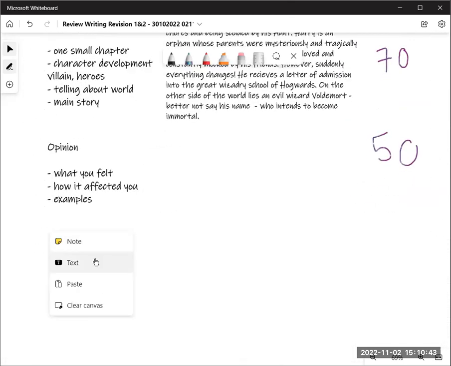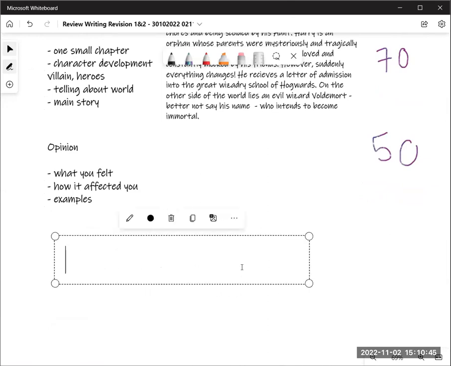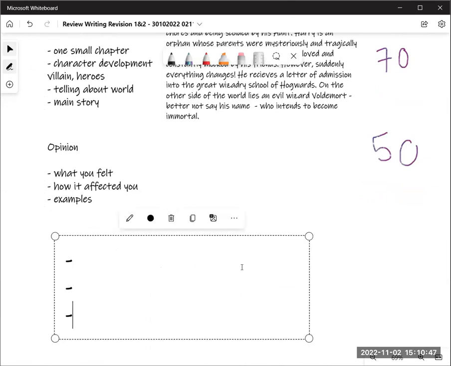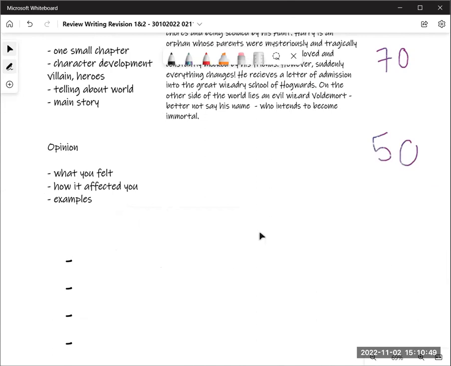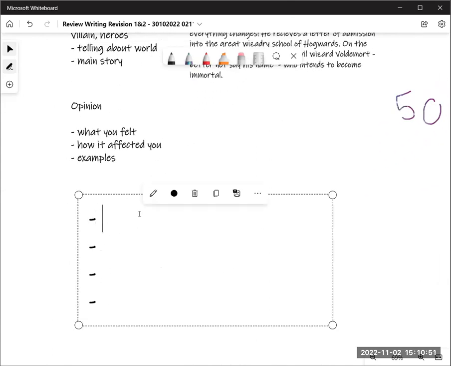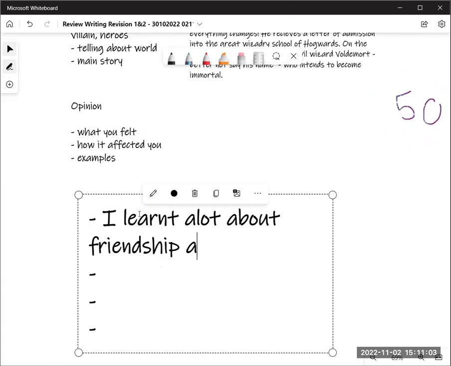Now let's write a few notes on this. Whenever we're writing our opinion, we need to have how you felt. Let's say I felt, let's say I learned a lot about friendship from, let's say, from Hermione, let's say from Harry and his friends.